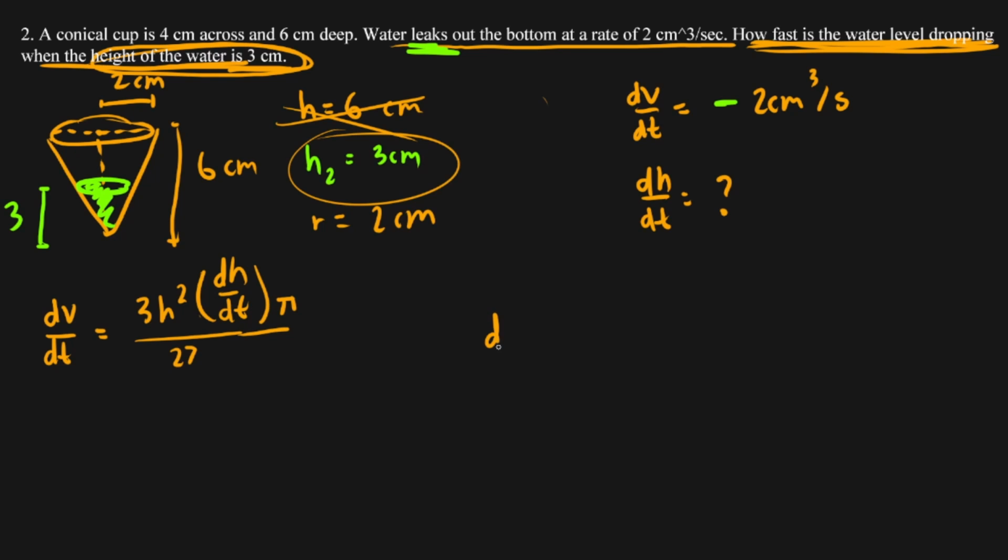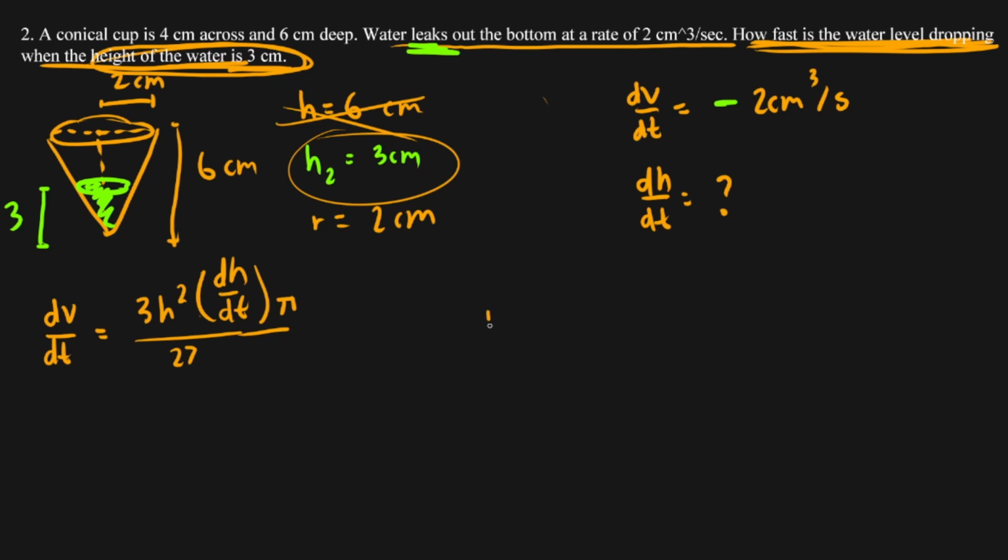If you remember from implicit differentiation, the derivative with respect to x of y squared is 2y times y prime. Same idea with this equation right here.